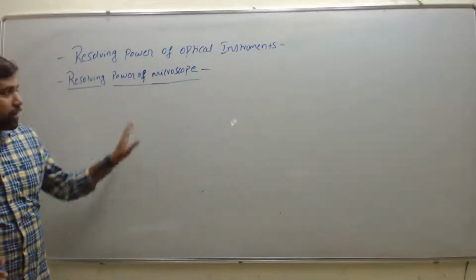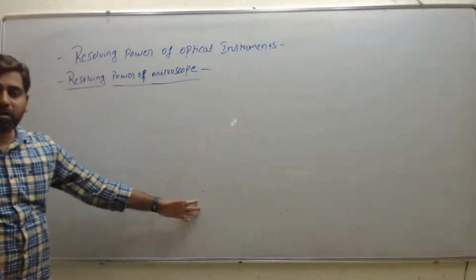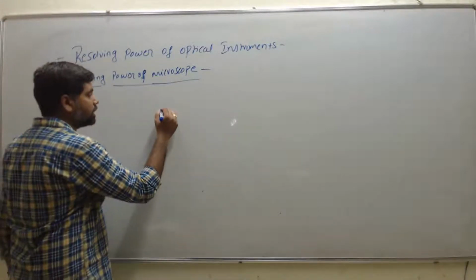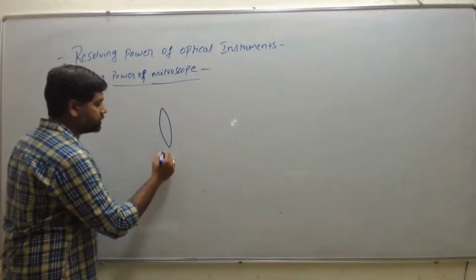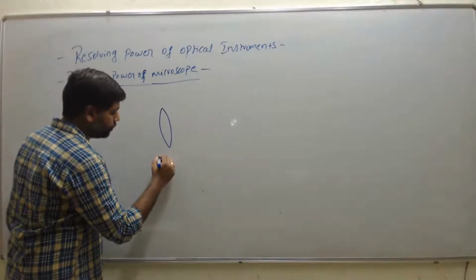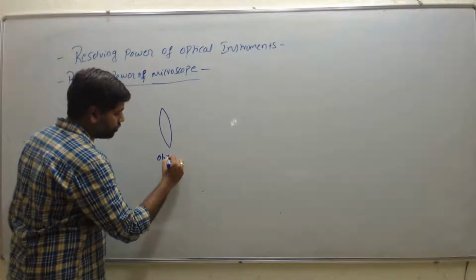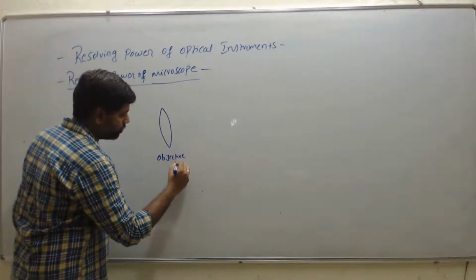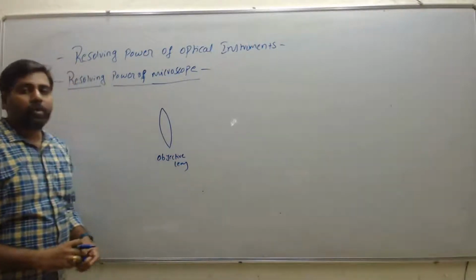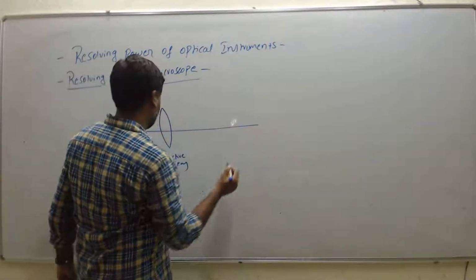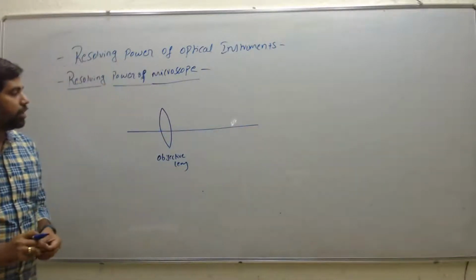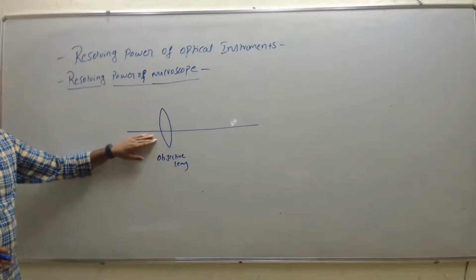So in the microscope, here also we have an objective lens, and this one is the objective lens, and here is the principal axis.